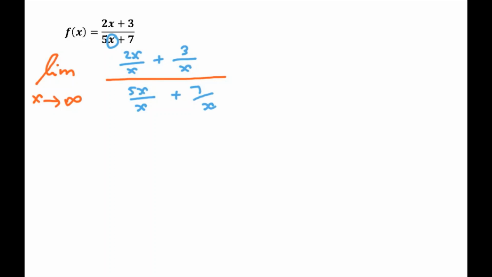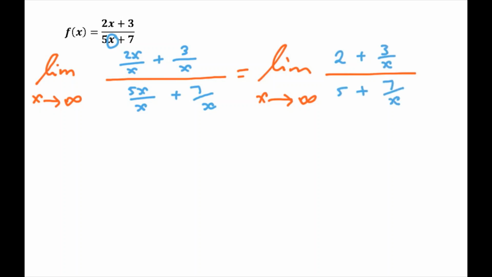Okay, and by putting this in simplest form, substitute x by infinity. This is going to be 0, 0. That's going to be 2 over 5. Now, as you notice, if it is positive or negative infinity, it will stay the same.